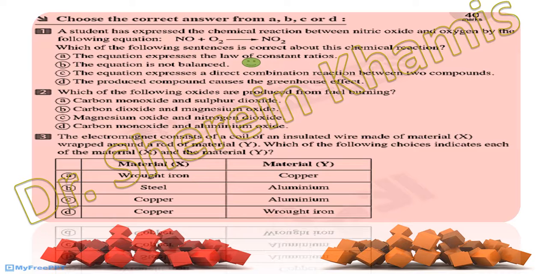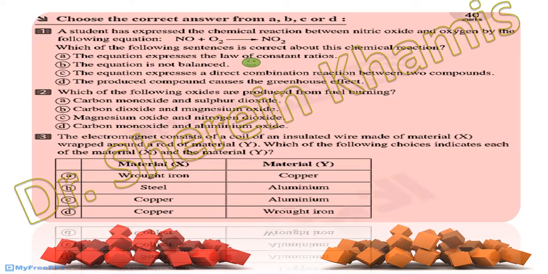Let's go to question 2. Which of the following oxides are produced from fuel burning? The choices are carbon monoxide and sulfur dioxide; carbon dioxide and magnesium oxide; nitrogen dioxide, carbon monoxide and aluminium oxide. We are asking what causes pollution, or what is produced from fuel burning.